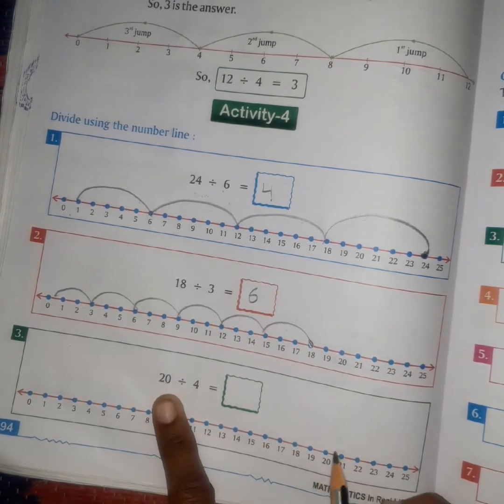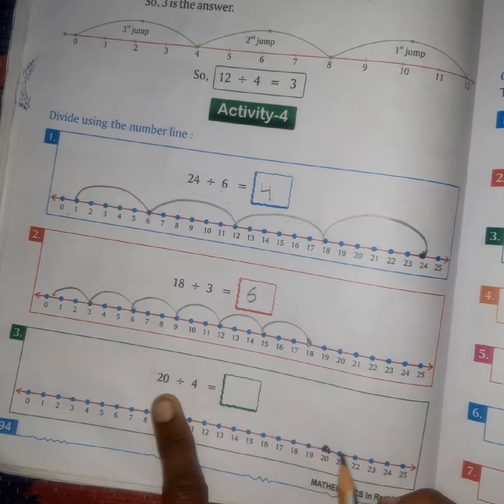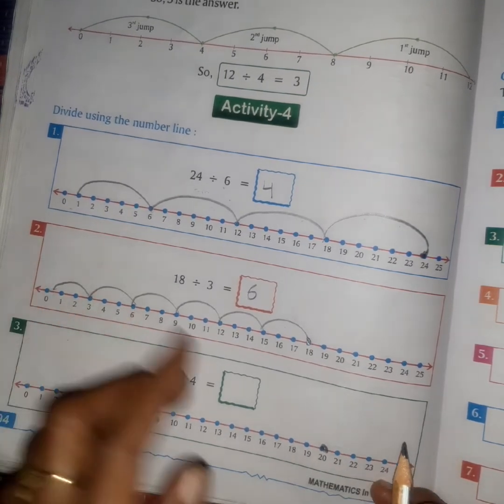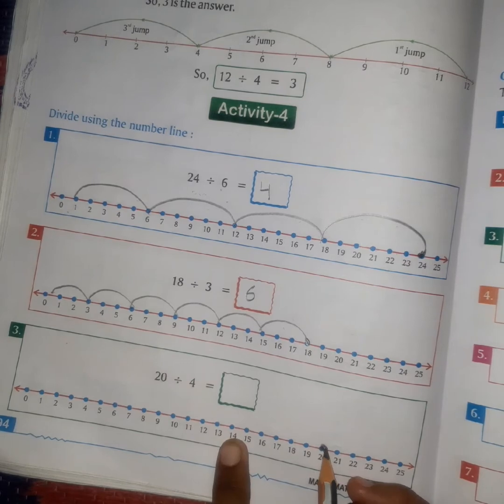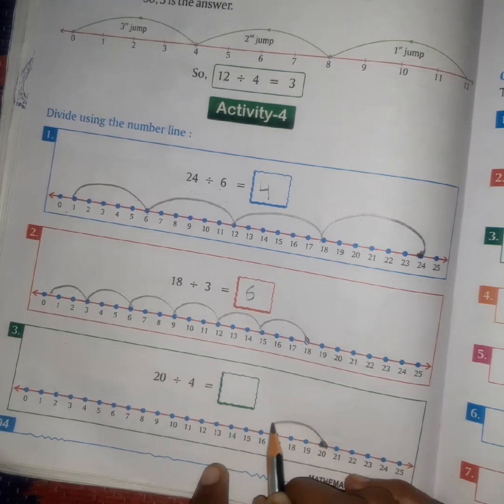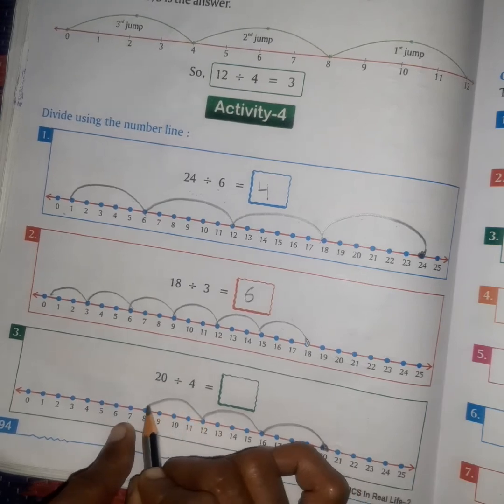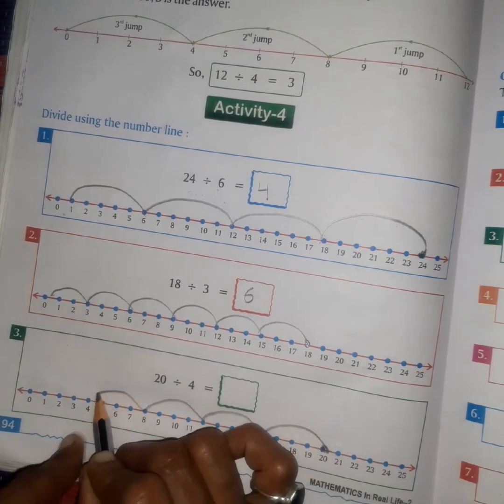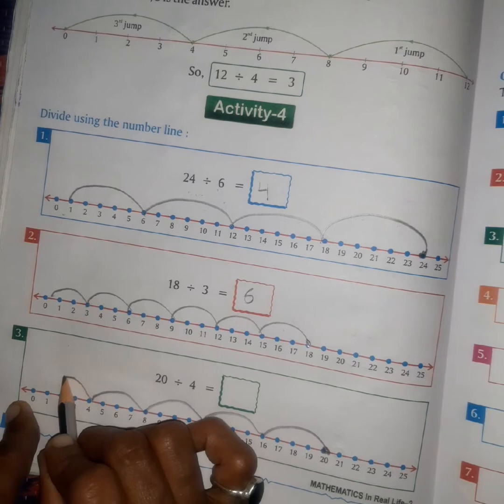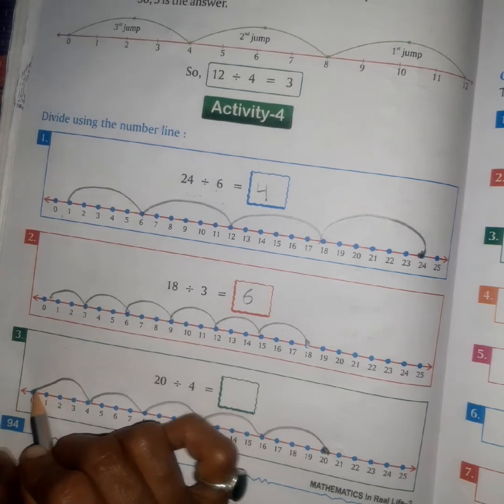Here total number is 20. We start jumping from 20 in backward direction. And 4 4 we will jump. 1 2 3 4. 1 2 3 4. 1 2 3 4. 1 2 3 4. 1 2 3 4. Okay.